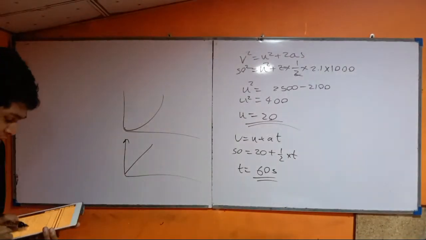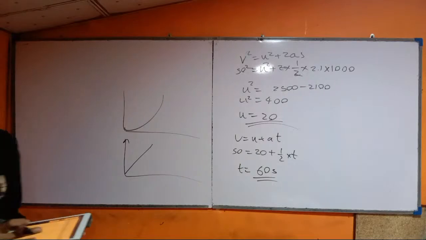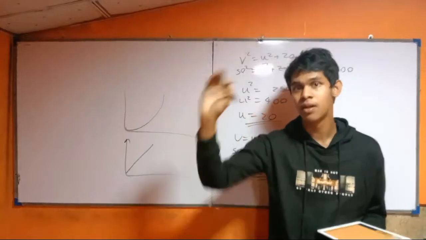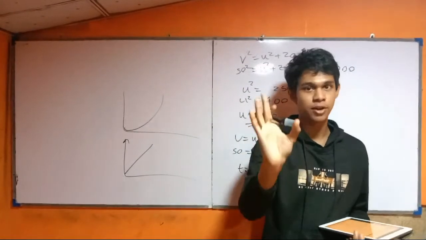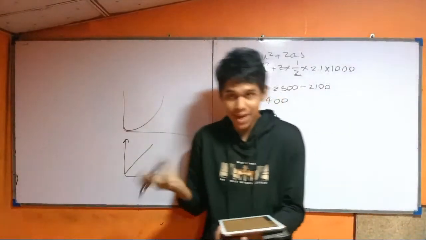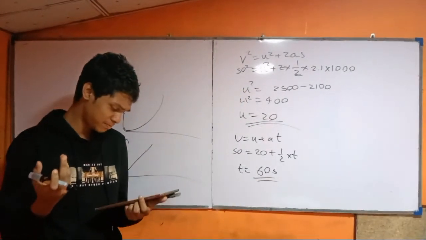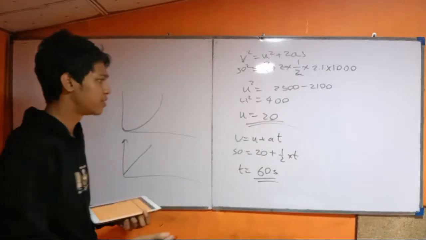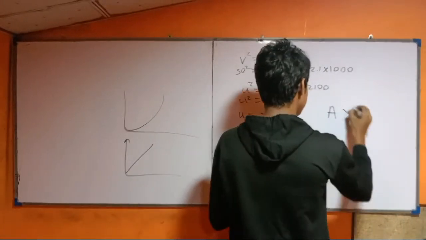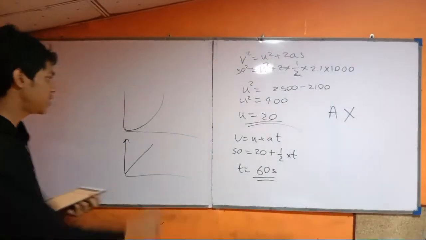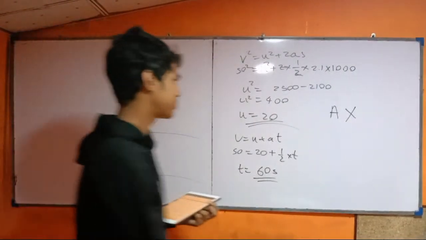You can see the first graph. The gradient of the s-t graph represents velocity, and the velocity is going to be uniform. So the gradient doesn't change, the velocity doesn't change. Then A doesn't show acceleration. Then B is going to show acceleration. Agree with me here, right? So it is going to show acceleration.